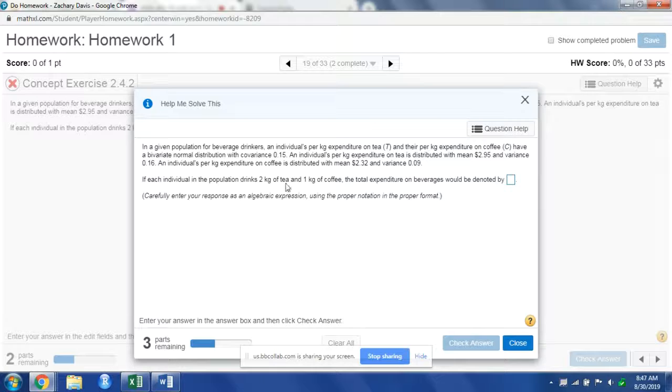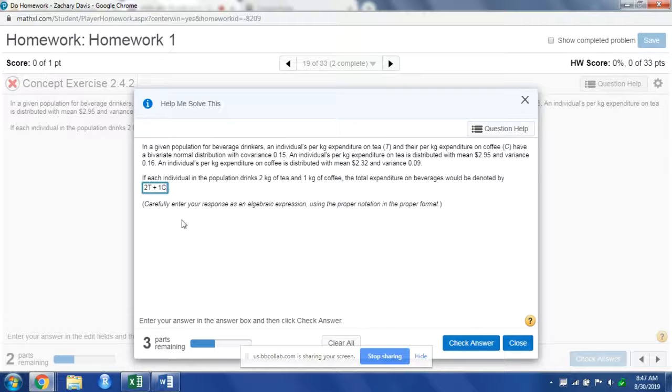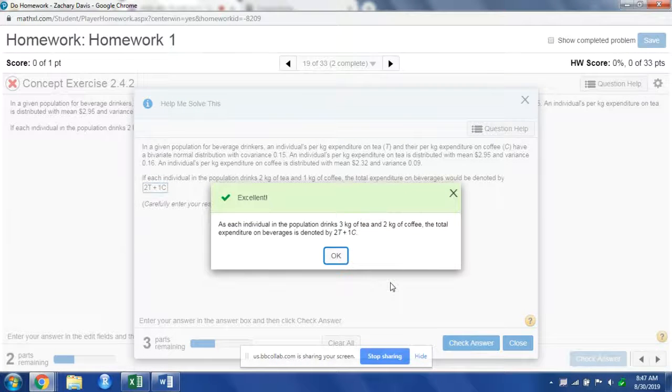So that should give us the expression 2T plus 1C. See if it'll let me do this. So carefully enter your response as an algebraic expression using the proper notation, proper format. Hopefully it takes that. Good.